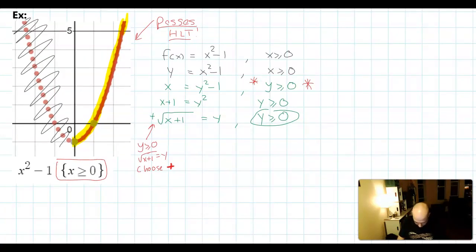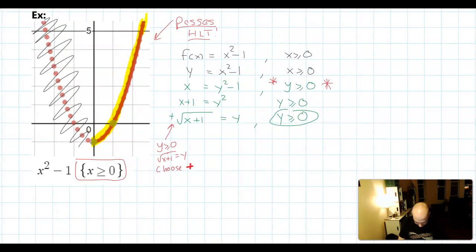So for f of x restricted in this way, f inverse of x is the positive square root of x plus 1.